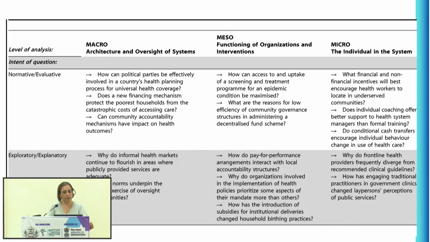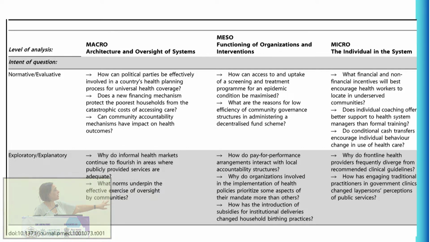Here are some examples. Now we're doing a 2x2 table. On the left-hand side, we have the intent of the question, and on the right-hand side, the different levels. In this table, which comes from the Lucy Gilson reader that you have seen already, they have clubbed types of questions together: exploratory and explanatory, normative and evaluative.